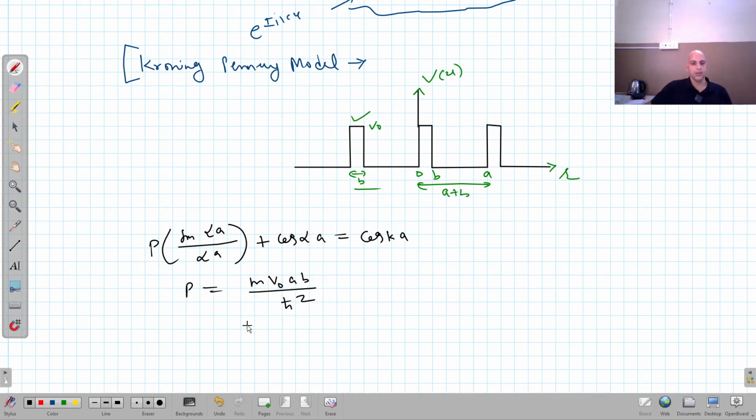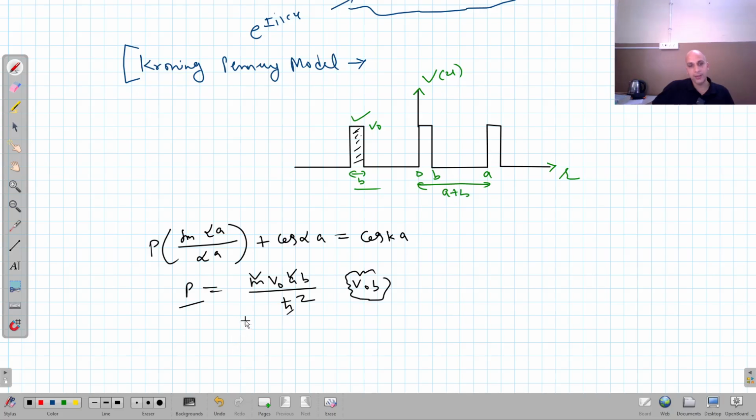This is P, and it is associated with V naught b, which means the area of the potential barrier. So P has other things, m, a, and h cut, which are all constants. In fact, V naught and b are also constant, but they are representing the area. So P is linked with the area of this rectangular potential barrier.